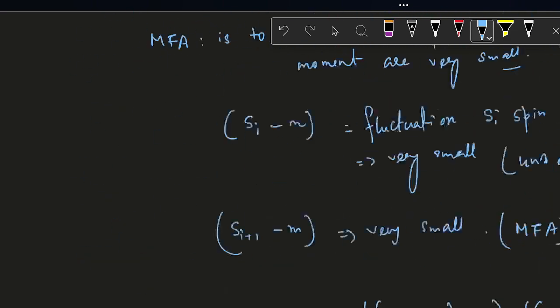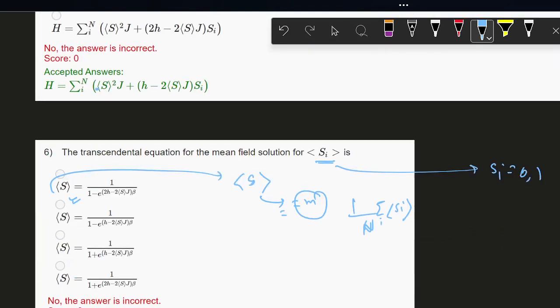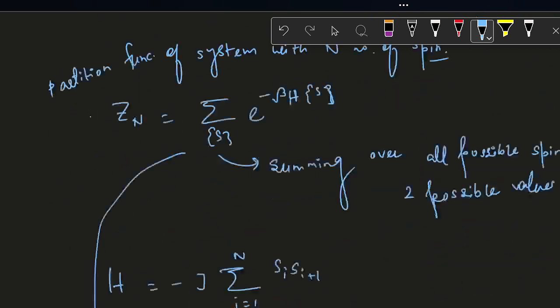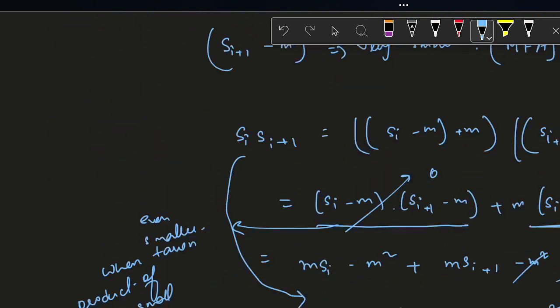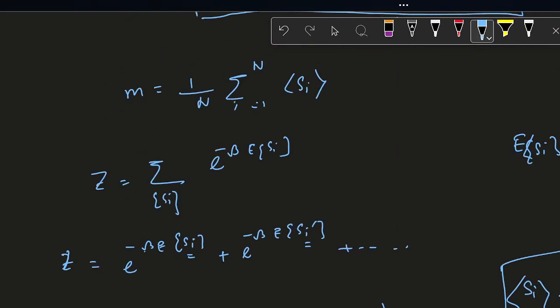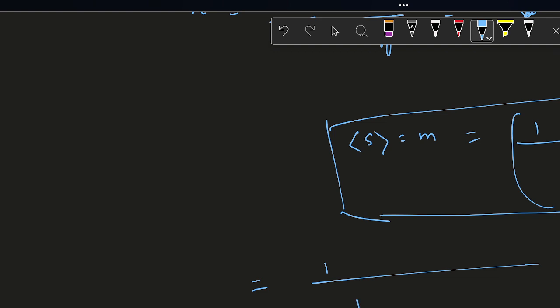If you just look at it, you'll see that this answer is there. They have also plugged in the value of h effective, so we can do that too to match the final answer. They have plugged in the value here as 1 by 1 plus e to the power beta h effective, where h effective is h minus 2Jm.